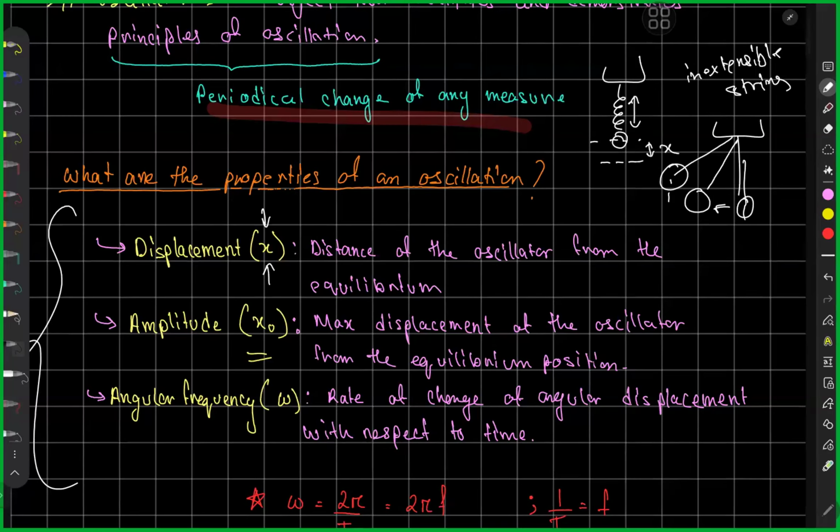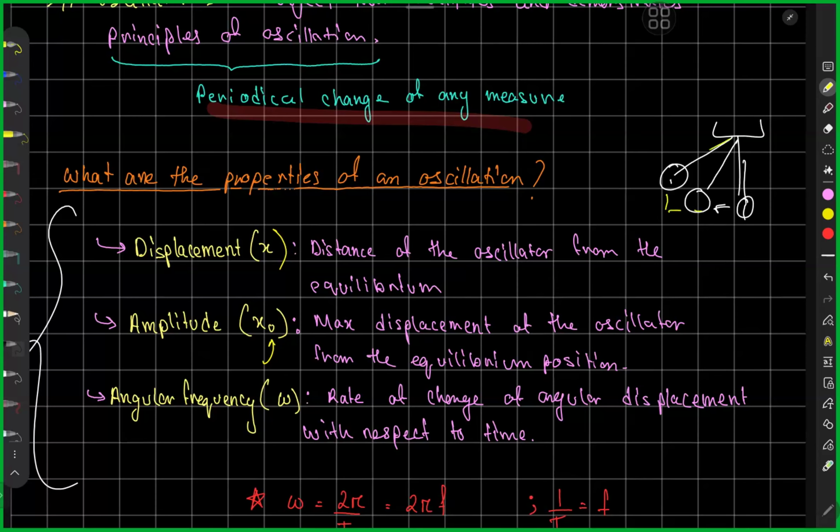Any question? No. Okay. So now with the amplitude, you will often see that if the displacement is explained as x, the amplitude will be explained as x naught. X naught basically means the maximum displacement. So if I carry on with this pendulum example, what is the x naught over here?